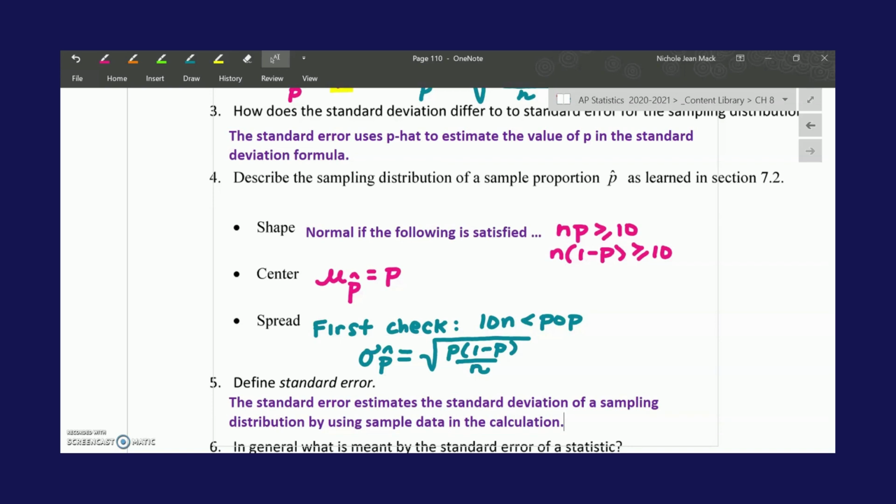So it's just an estimation of the standard deviation, because a lot of times it's difficult to calculate the real standard deviation of the population, so we take sample data to calculate it.